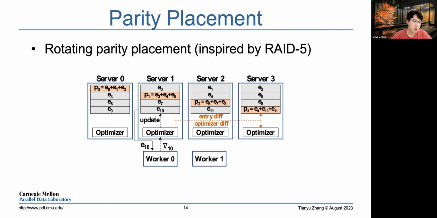The other thing is we're using the rotating parity placement strategy, inspired by RAID 5 and storage systems. This ensures that the load of updating these entries is distributed evenly onto all of the servers, rather than all of the parities going to one server that stores parity entries exclusively.